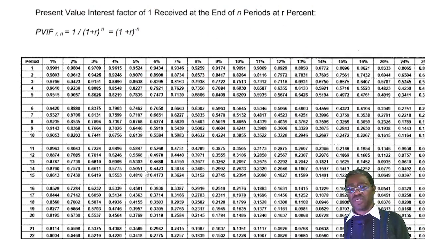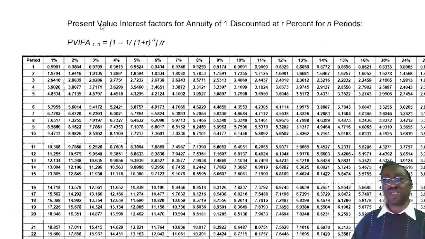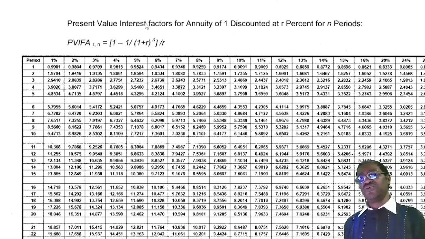Let me roll and see whether we have been given for annuity. Good. If you look at this second table, we are given present value interest factor for annuity. Our R was what? 10%. Our N was what? Our N was 5 years.